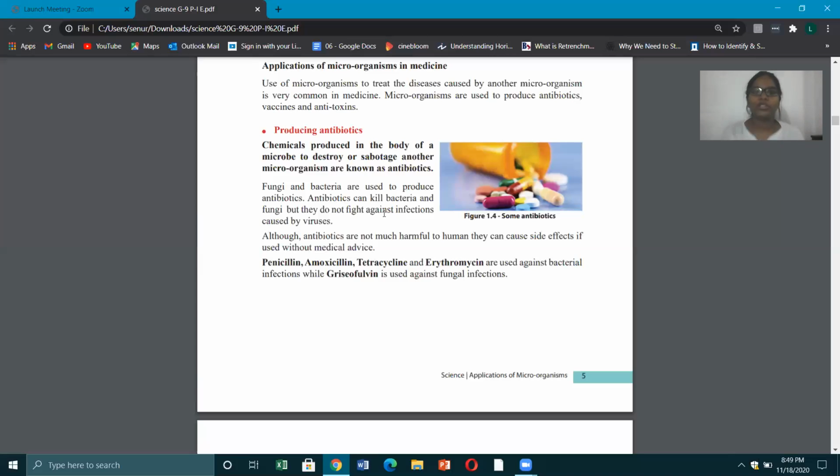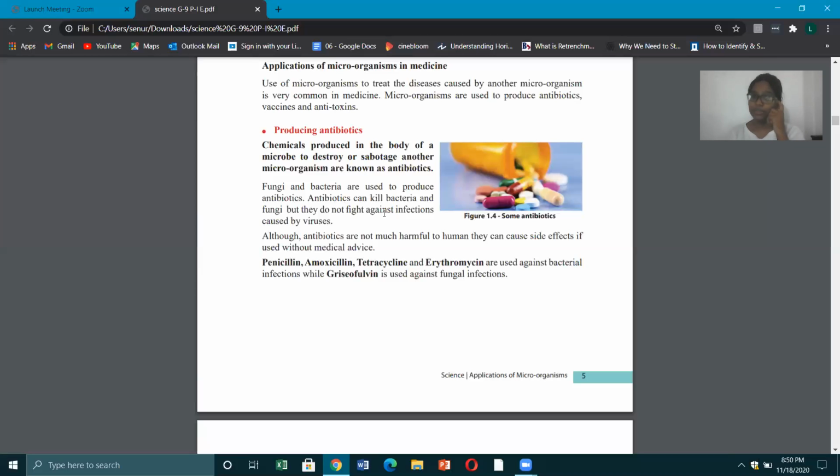Okay, let's move on to the definition. Chemicals produced in the body of a microbe to destroy or sabotage another microorganism are known as antibiotics. So if you get a disease because of a microorganism, a very good way to eliminate or cure it is using another type of microorganism.